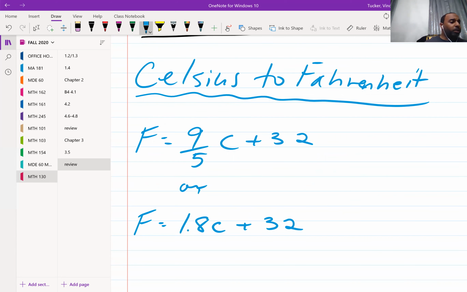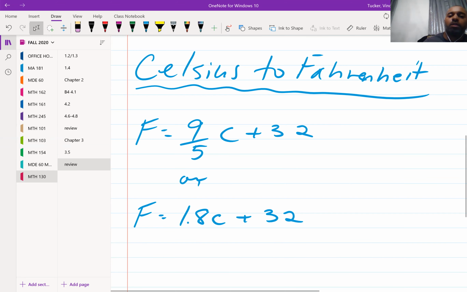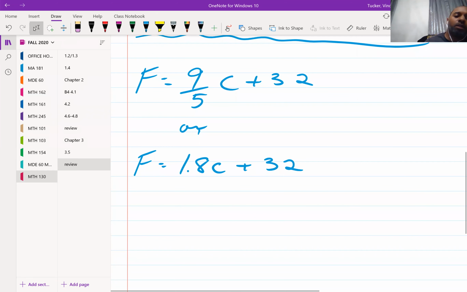All right, so we're talking about Celsius to Fahrenheit, 9/5 times C plus 32, or you can go ahead and use 1.8 times C plus 32. Either way, you'll get the same result. Won't have the same luxury when we go the other way around. You'll see why in a second. So I'll show you how to use that.